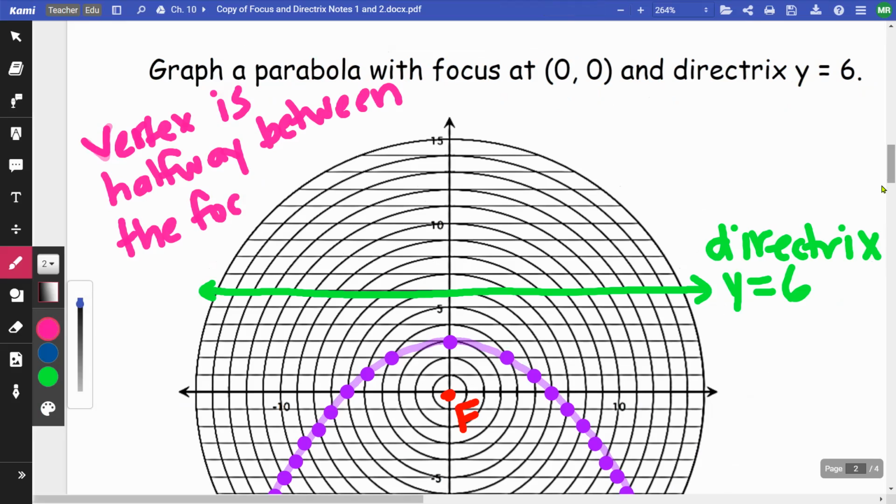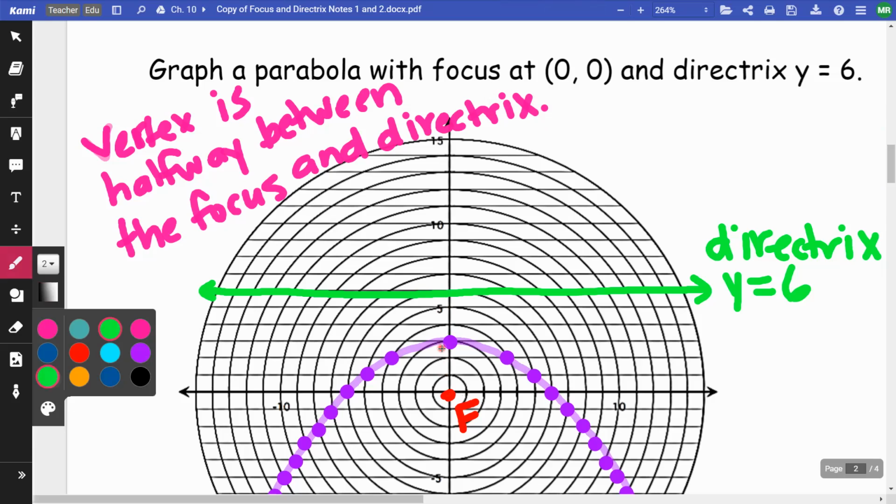That's always true. So your vertex is always halfway between your focus and your directrix. That's how I started this whole thing. Okay, so over here, the distance here was 6, halfway is 3. That's where my vertex is.